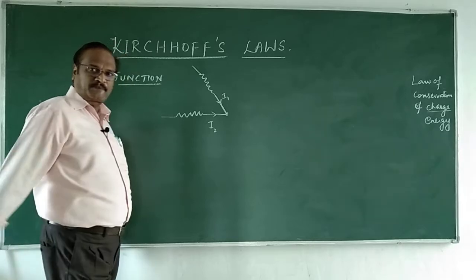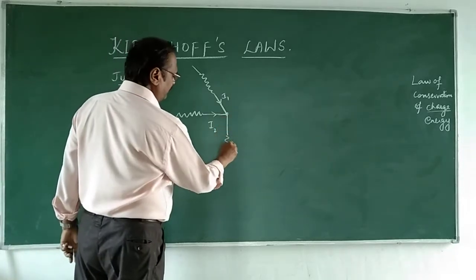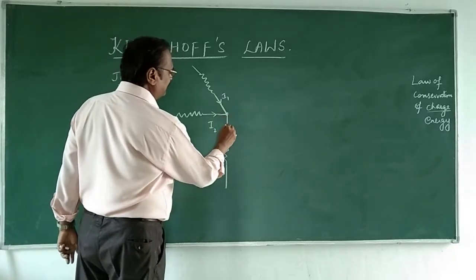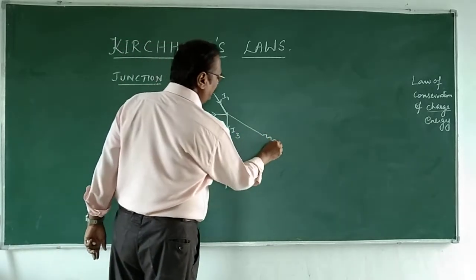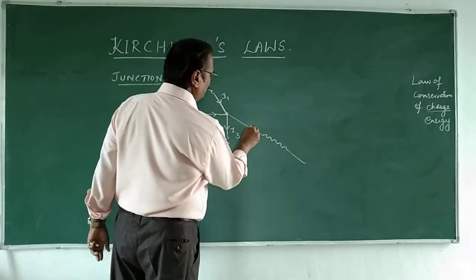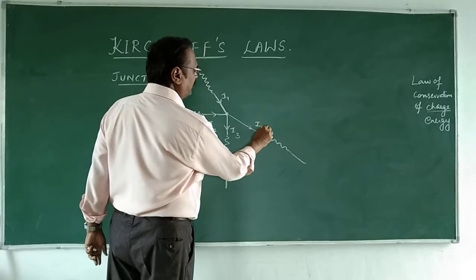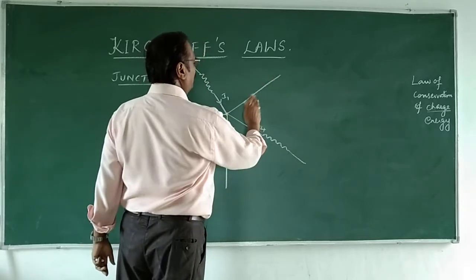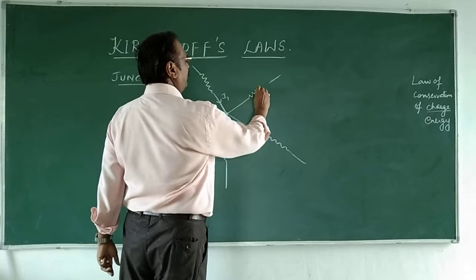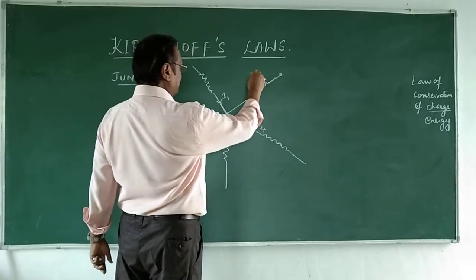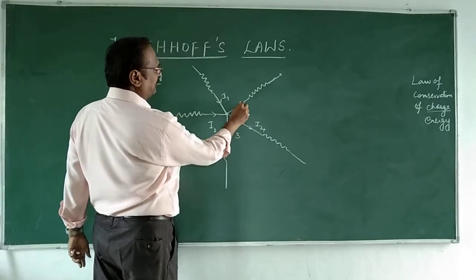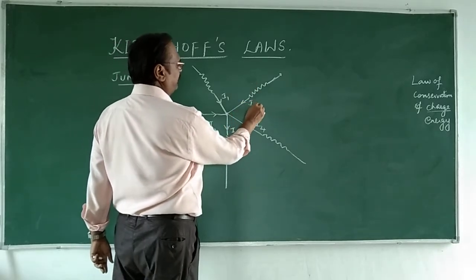Now I have another component, and the current is going out through this, I3. There is another resistance here, through this also current is going out, that is I4, and there is another point in the junction, with next resistance R, and this current is coming in, that is I5.